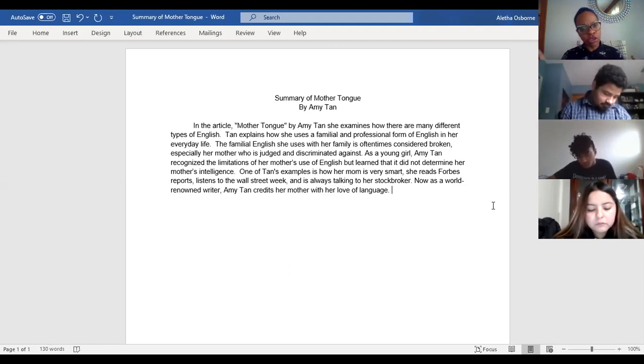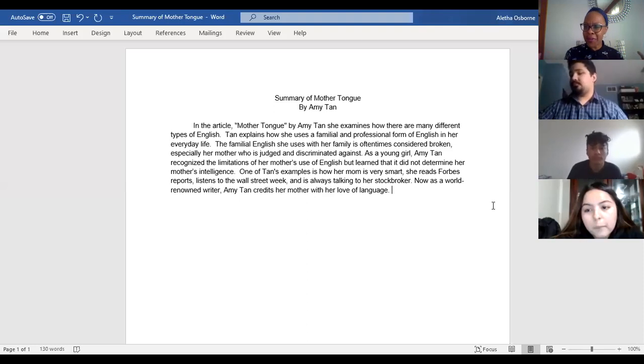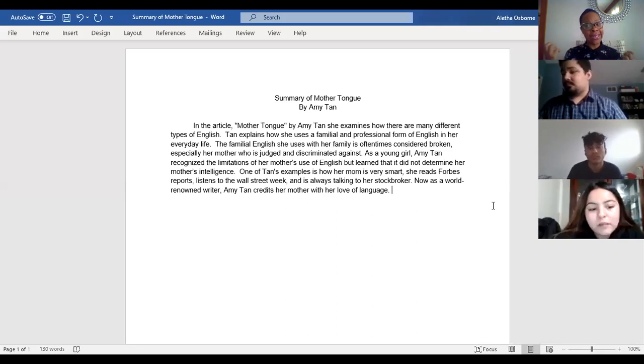I won't pressure you guys any further about what to add, but in constructing your own summary, I hope that in modeling the process, you guys are looking at how you yourselves write your own summaries. I don't know why I want to talk about thesis so badly. Keep in mind the difference between a summary and an essay.